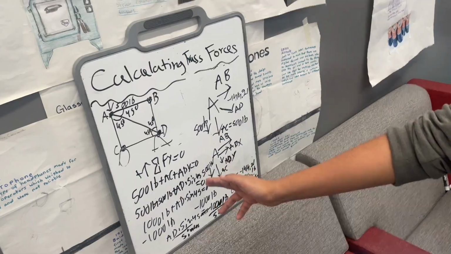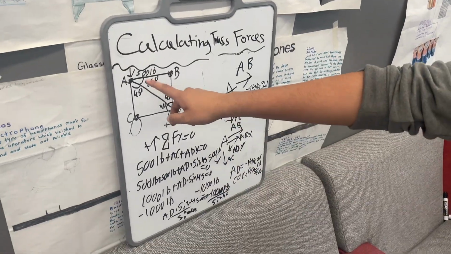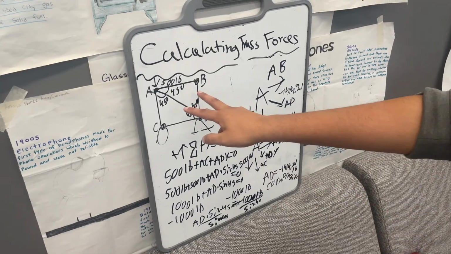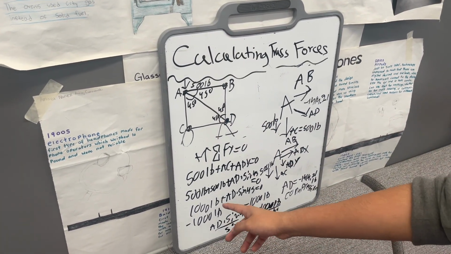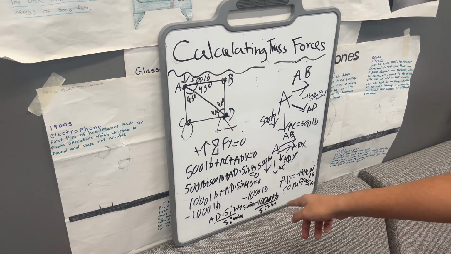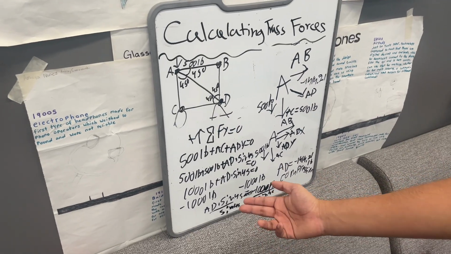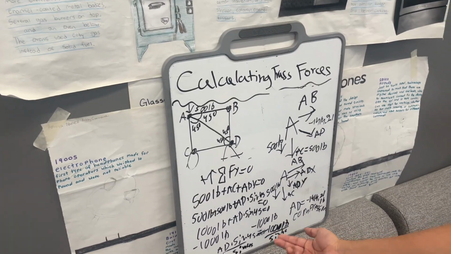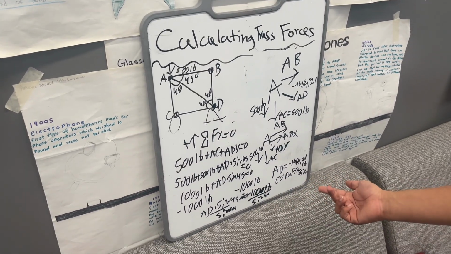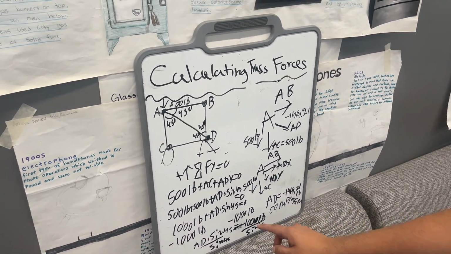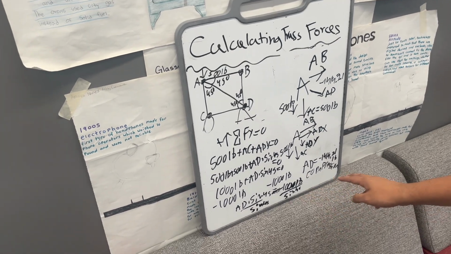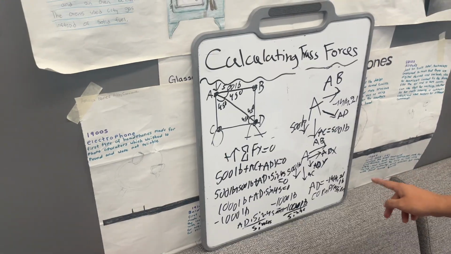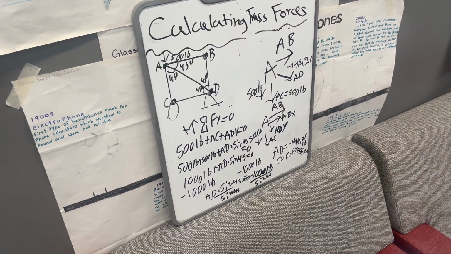ADY would be AD times sine of 45, since these angles are 45 degrees, and it's a 45, 45, 90 triangle for both. So it'd be 1,000 pounds plus AD times sine of 45 equals 0. You subtract 1,000 pounds from both sides, and you get AD times sine of 45 equals negative 1,000 pounds. Then you divide by sine of 45 on both sides, which gives you AD equals negative 1,414.21 pounds, which is in compression.